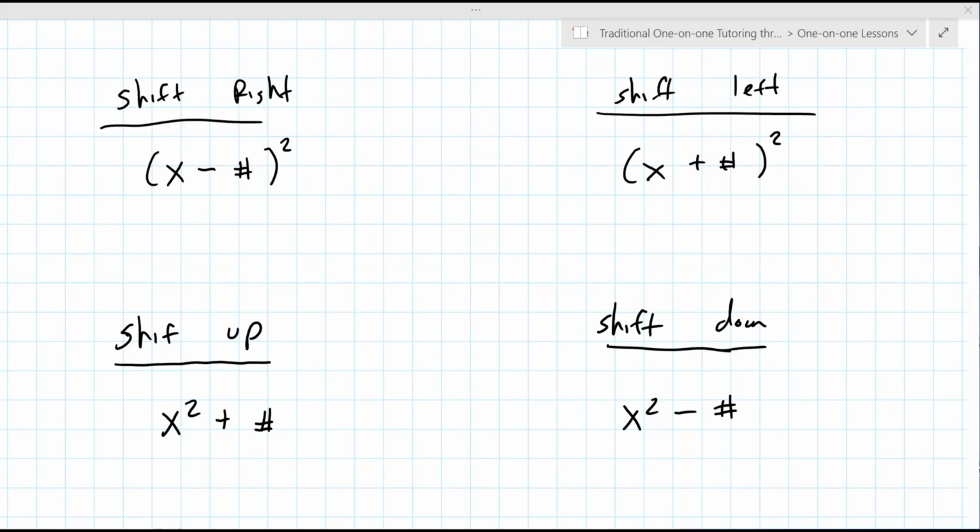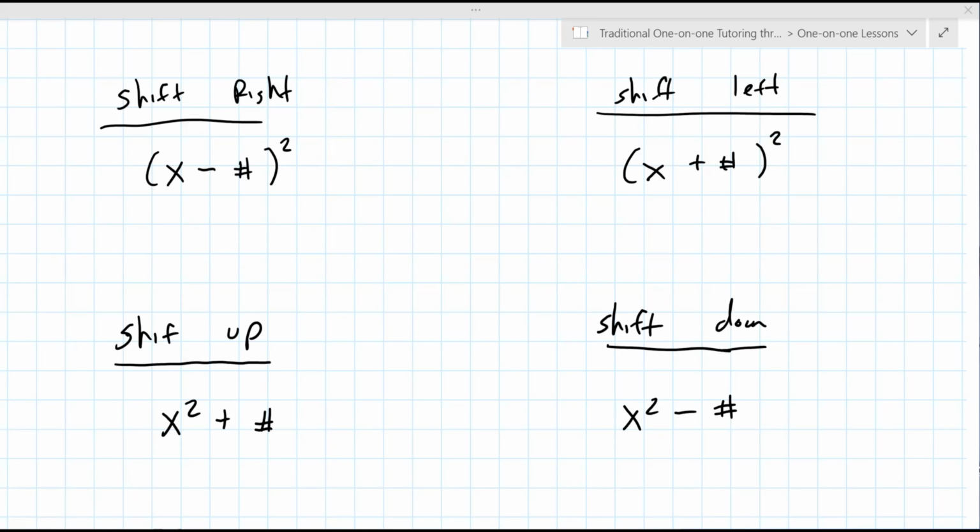Okay, let me just get all this down really quick. Okay, almost done. Okay, got it.